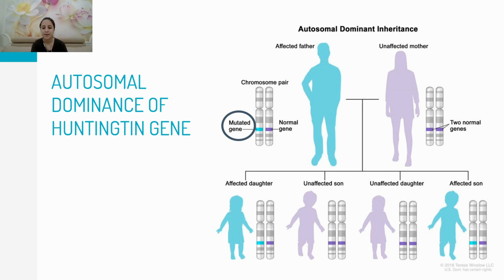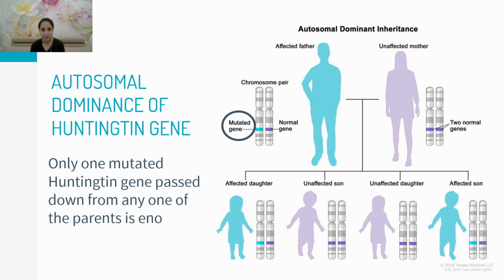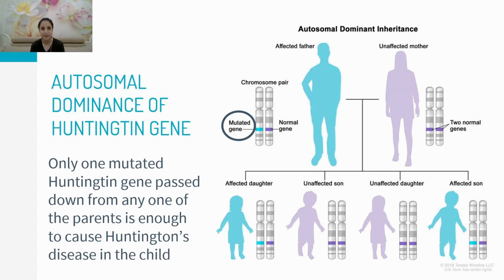So it's clear from this that only the one mutated gene is sufficient to cause the disease in the child, and it makes it certain that the child will be developing the disease in later course of his life.